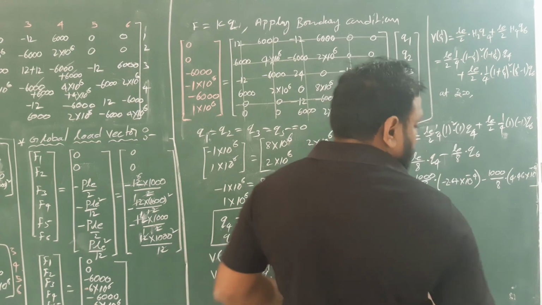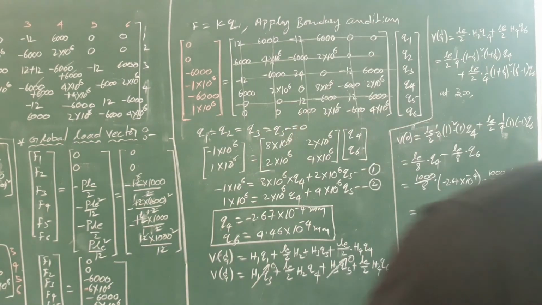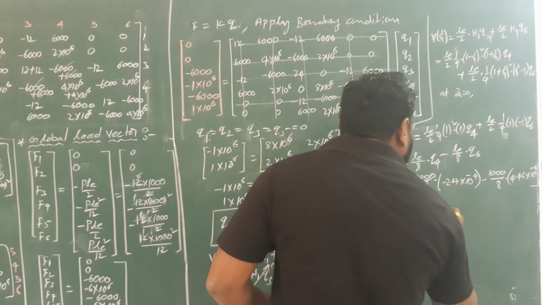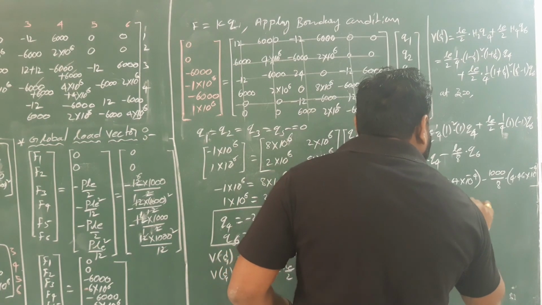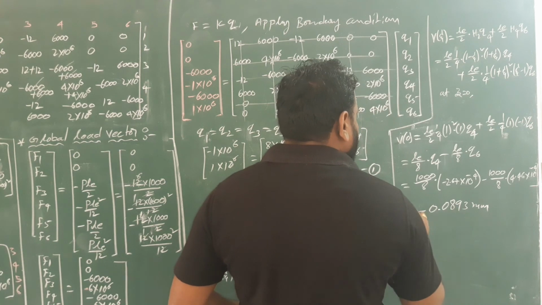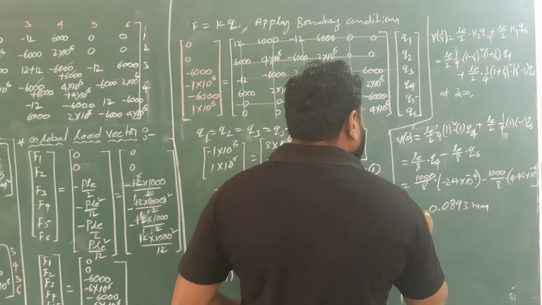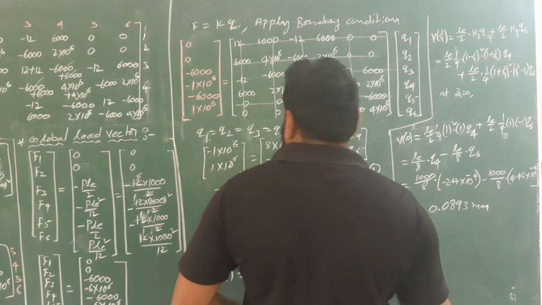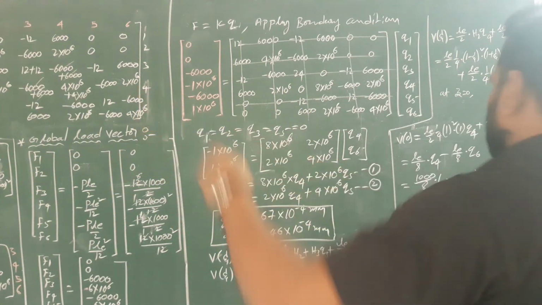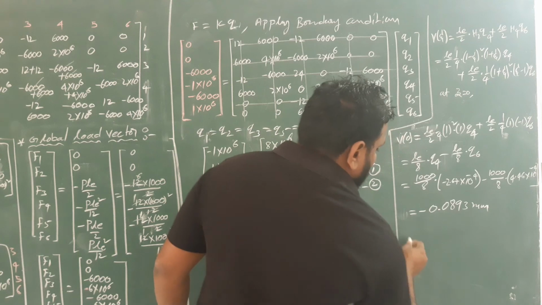Now we have V of 0 equal to minus 0.0893. This is the overall deflection in the beam, the vertical deflection at the midpoint.